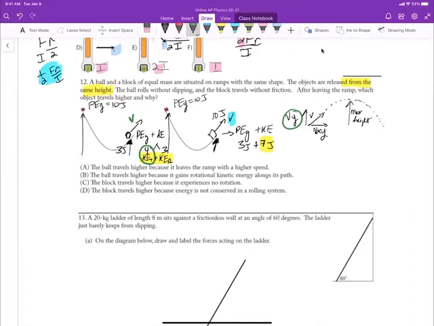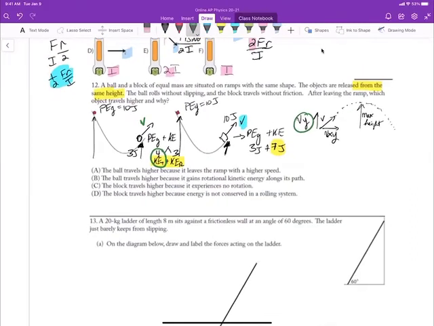All right, so I used that to hopefully review a whole bunch of concepts. So we know the block travels higher because it experiences no rotation, because when rotation is experienced, I lose some of my energy to that rotation, and therefore I don't go to as high of a height. Okay, one more to go.